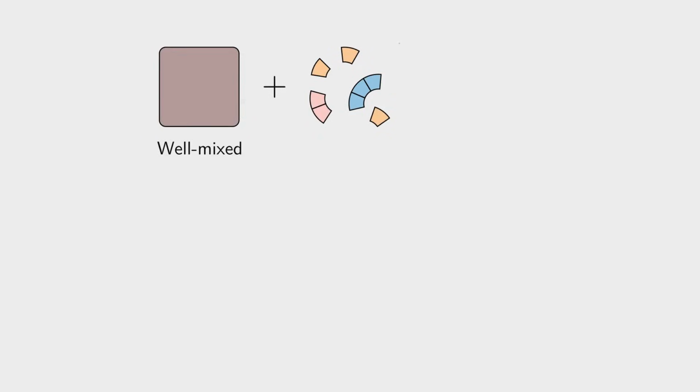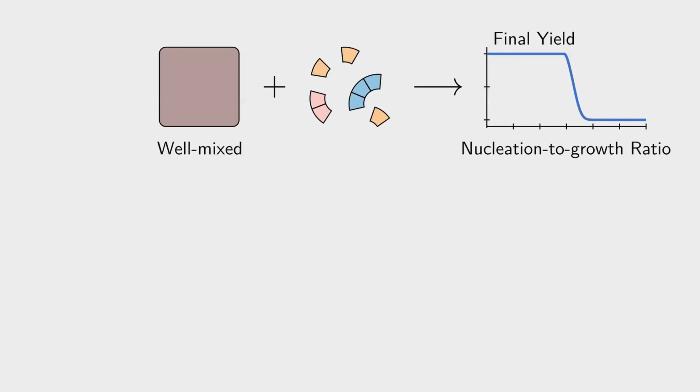Okay, that was a lot to take in, so let's summarize what we have learned. Self-assembly in a well-mixed environment can be controlled by tuning individual reaction rates. A low nucleation to growth ratio will ensure high yield by avoiding kinetic traps, but making it too low leads to slow assembly. Unfortunately, controlling this ratio in practice might be difficult or even impossible.